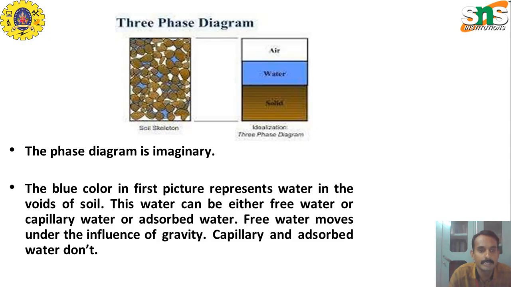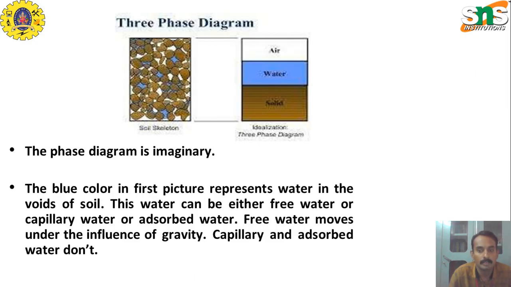So this is a three-phase diagram representing the soil skeleton and the idealization of different phases of soil. It is an imaginary representation only. In this figure, the blue color represents the water phase, the white color represents the air and brown color represents the solid phase.